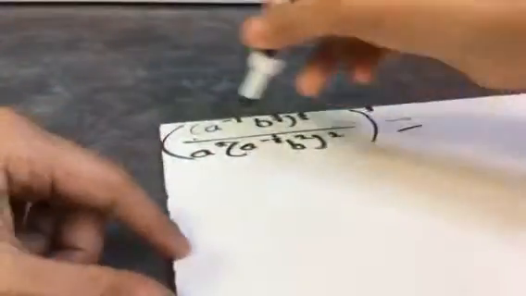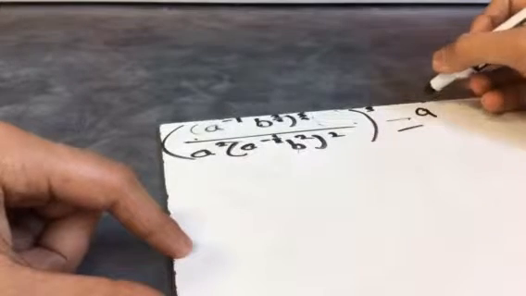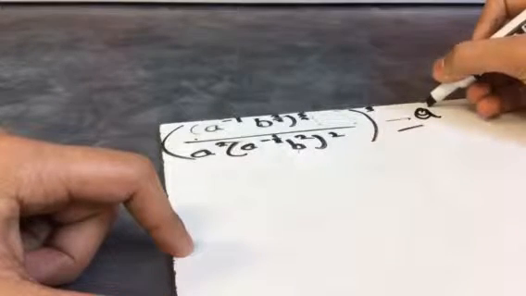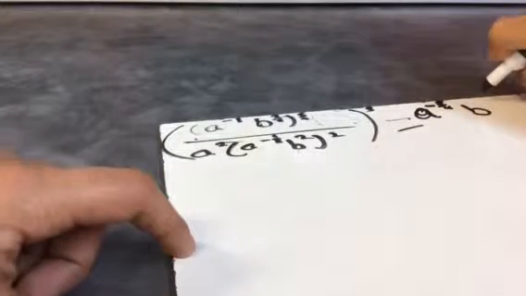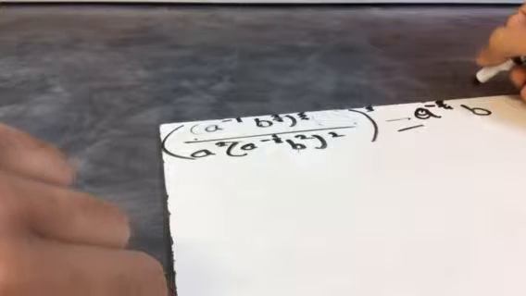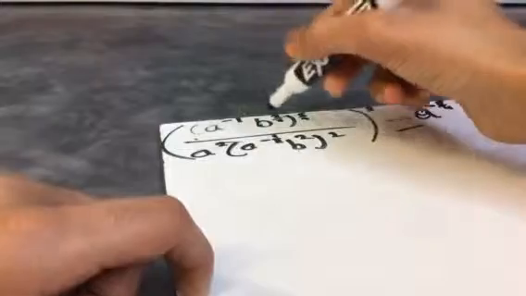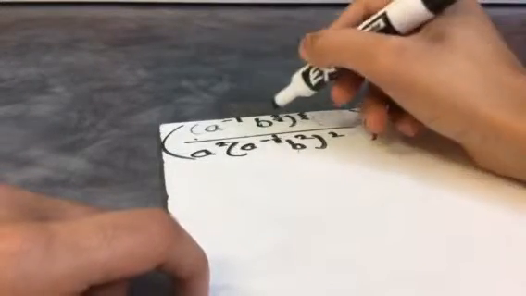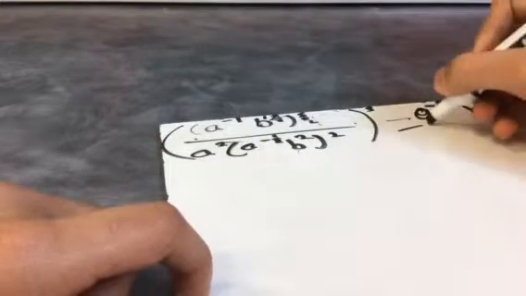So now we have to solve through this part, and that would equal a to the -5/4 and b to the 5/6.